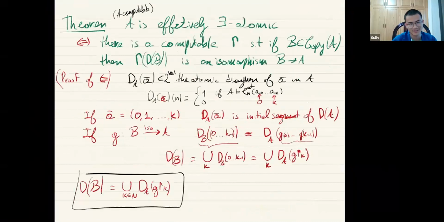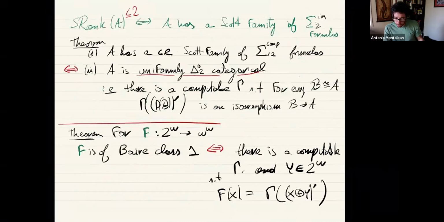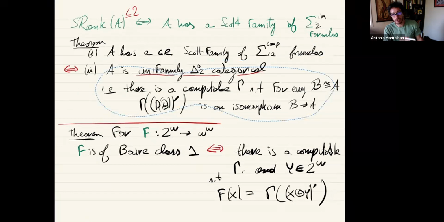You have presented an effective case, right? Yes. But Baire class 1, which is level 2, has rank 2. So the implication from 1 to 2 is very similar to the one we did before. If you have your Scott family, you can find this isomorphism. That's not hard. Going backwards using the jump is a bit more difficult.